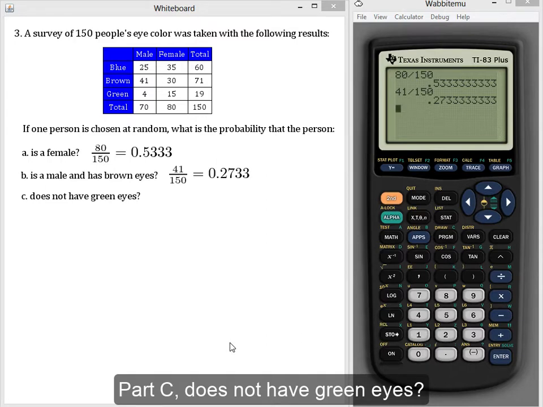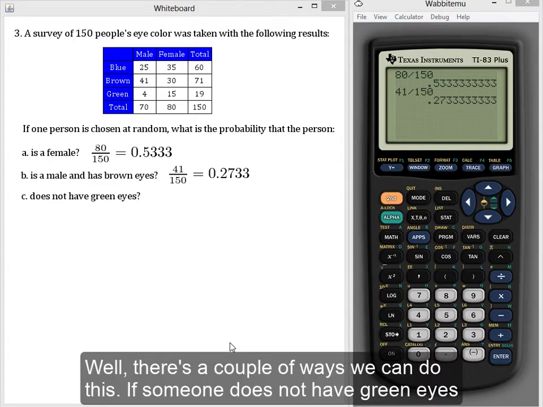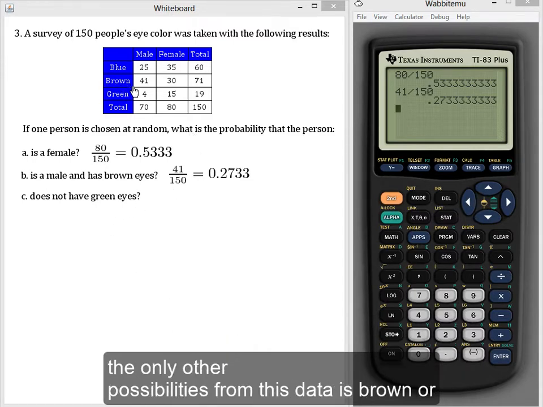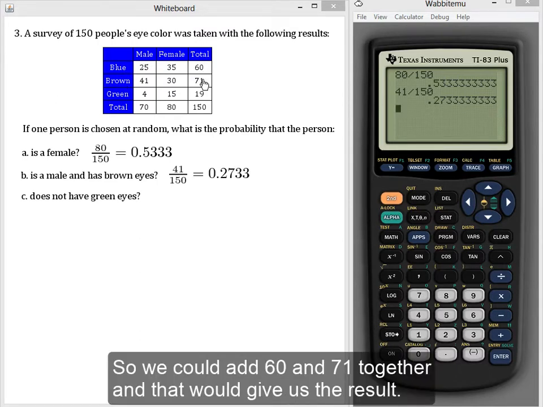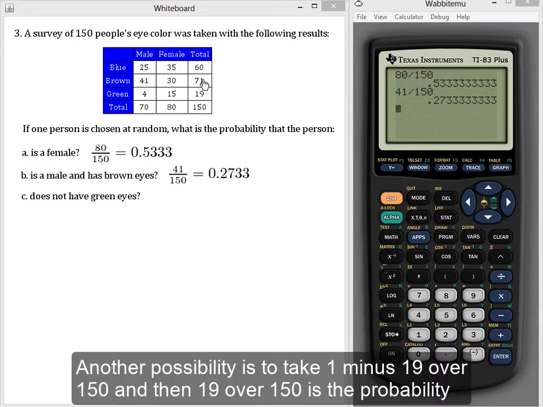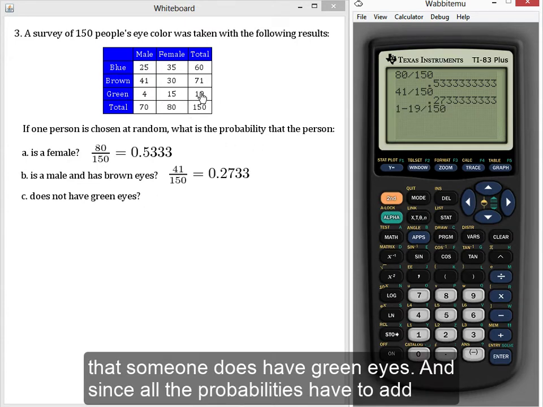Part C, does not have green eyes. Well, there's a couple of ways we could do this. If someone does not have green eyes, then the only other possibilities from this data is brown or blue. So we could add 60 and 71 together, and that would give us the result. Another possibility is to take 1 minus 19 over 150, and the 19 over 150 is the probability that someone does have green eyes.